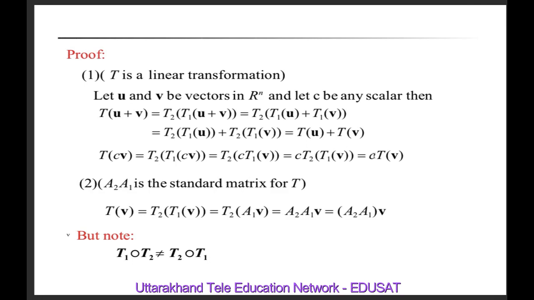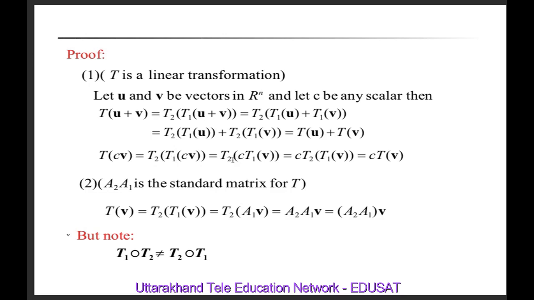If T1 and T2 are linear transformations, then their composite transformation T2 of T1 is also a linear transformation. Now T(cv) can be written as T2 of T1(cv). But T1 preserves scalar multiplication because T1 is a linear transformation.